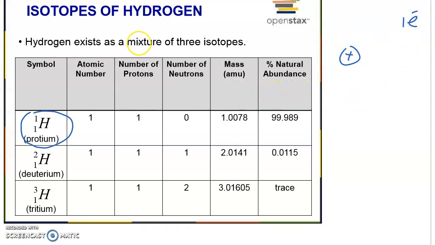Okay. So as for atomic mass, that means the mass of everything: the mass of neutron plus the mass of proton plus the mass of electron. That is called the atomic mass. In this case, the atomic mass for hydrogen with no neutron is 1.0078.